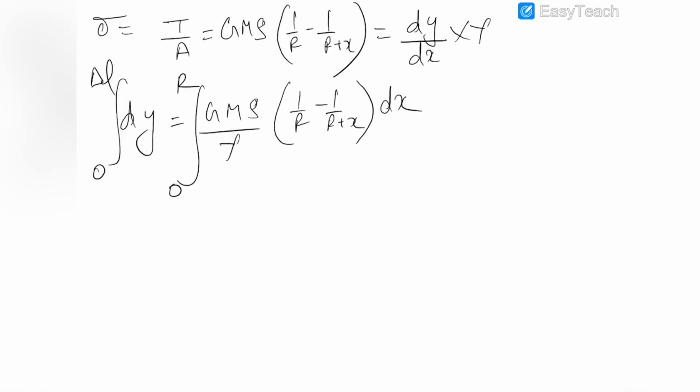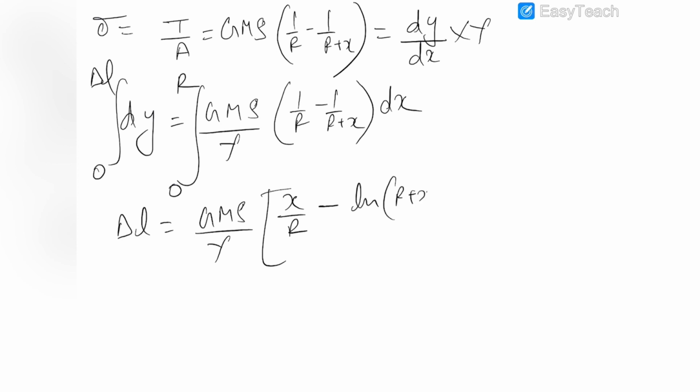Okay, so this is delta L and it is GM rho by gamma. The integration of this term will be x upon r, and the integration of this term will be minus ln(r plus x), and the limit will be from 0 to r. So delta L will be equal to GM rho by gamma.